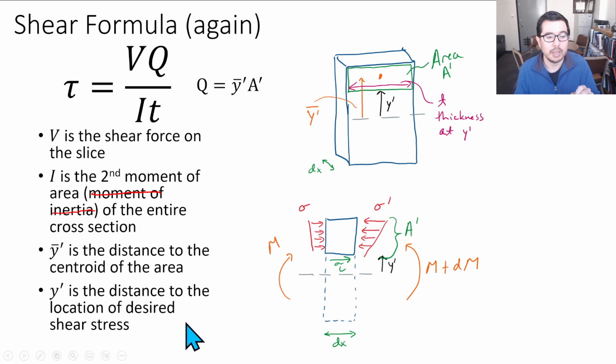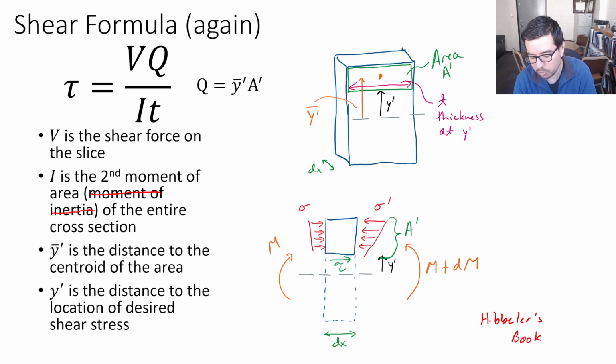This is for us to be able to calculate the shear stress at a location that we specify with y prime. So y prime is something that we specify and can change. If you're interested in getting more details, just take a look at Hibbeler's Mechanics of Materials, chapter 7. I have a slightly older version, the 9th edition.